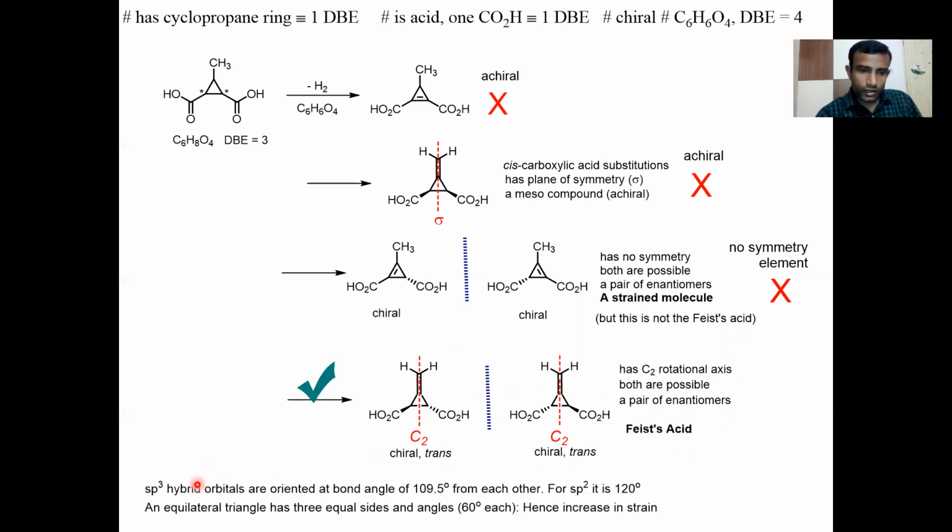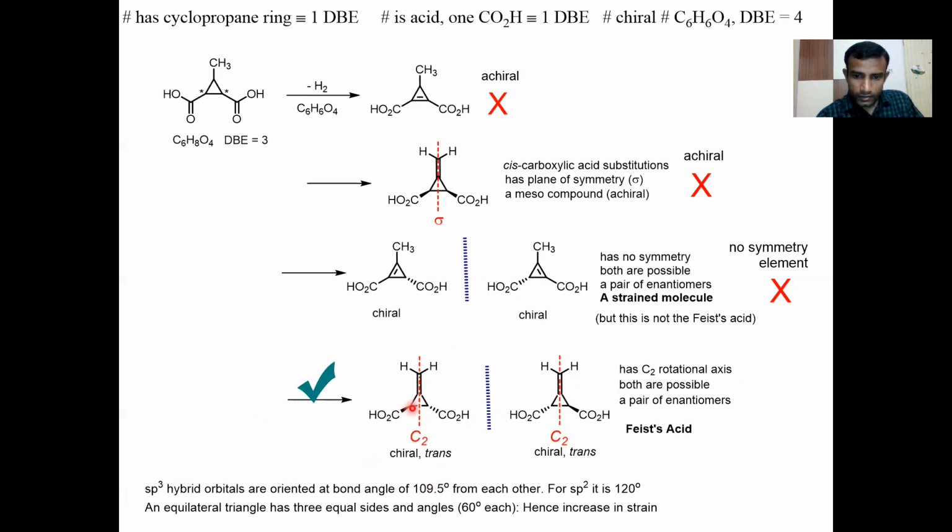Now, you know for sp3 hybridized orbitals, why is this molecule strained and yet naturally occurring? Maybe one of the reasons: if you consider a tetrahedral sp3 hybridized carbon, it has a bond angle of 109.5 degrees, which is here.